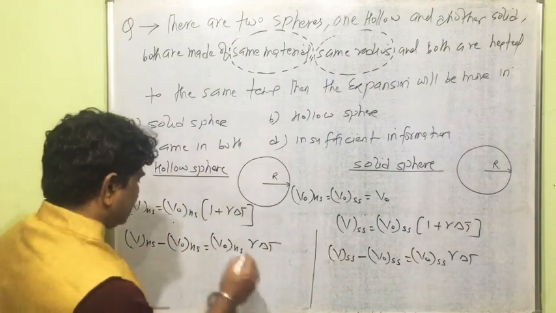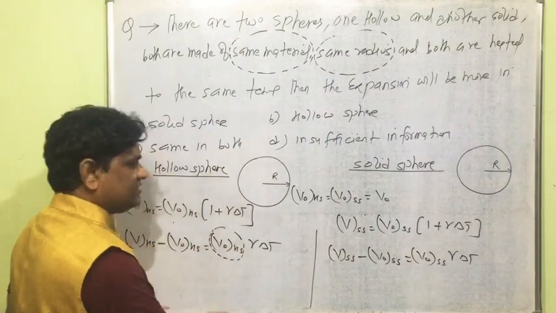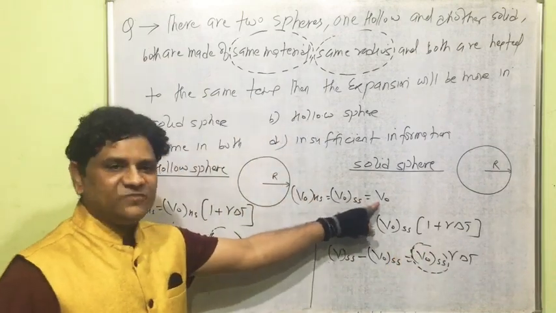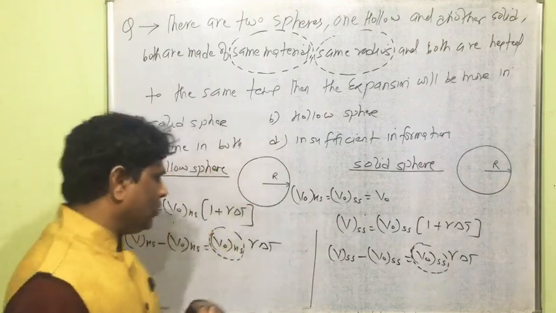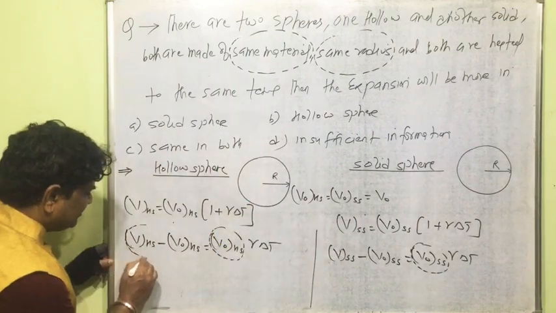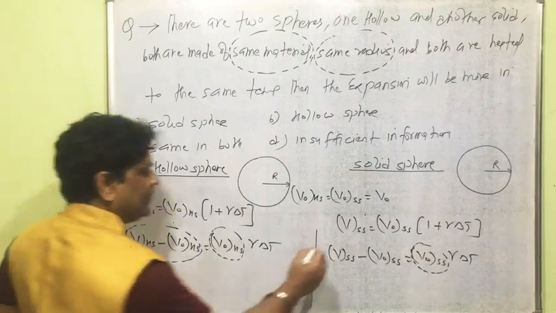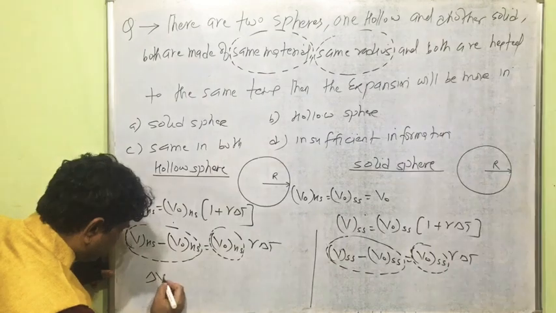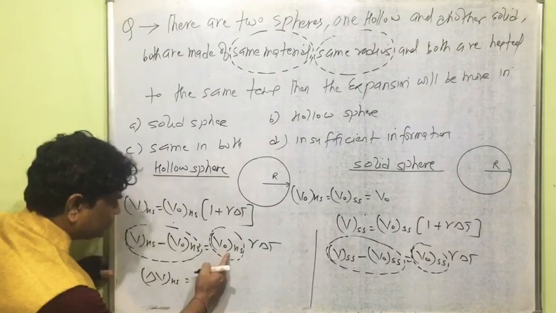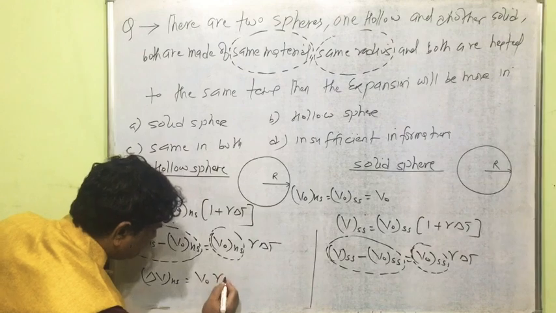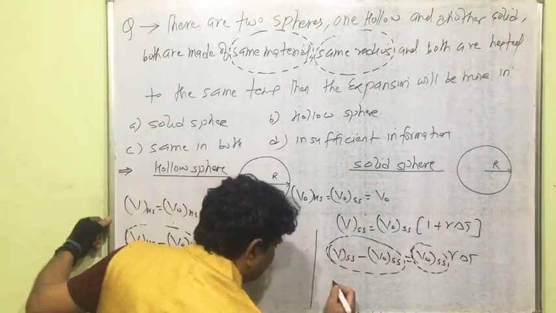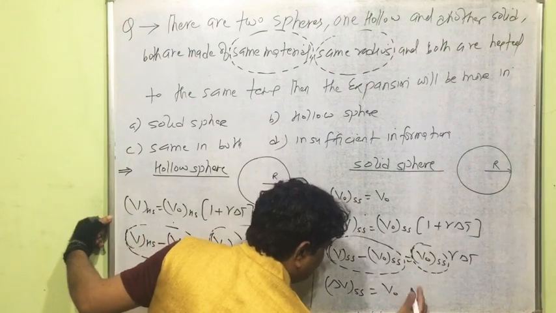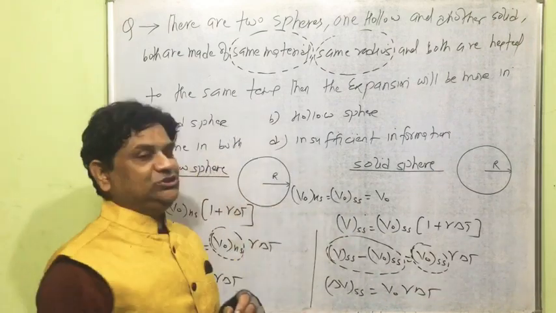As you know, both initial volumes are V naught. This is the change in volume of the hollow sphere, and this is the change in volume of the solid sphere. The change in volume of the hollow sphere is V naught into gamma into delta t, and the change in volume of the solid sphere is also V naught into gamma into delta t.